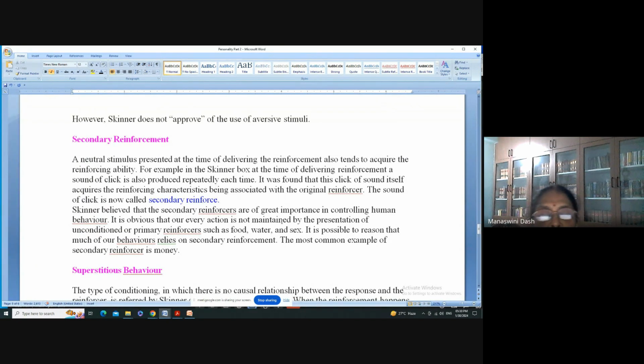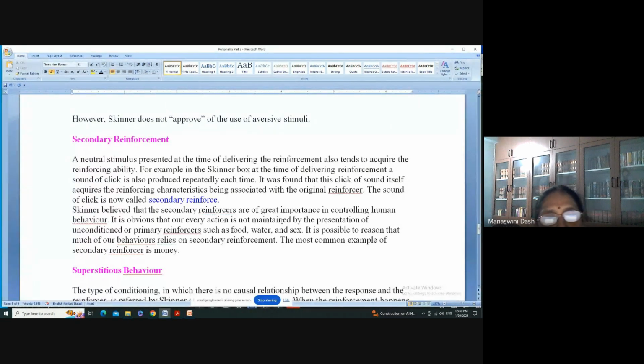So each time the reinforcement is given, a click sound is produced. It was found that this click sound itself acquires the reinforcing characteristics being associated with the original reinforcer.